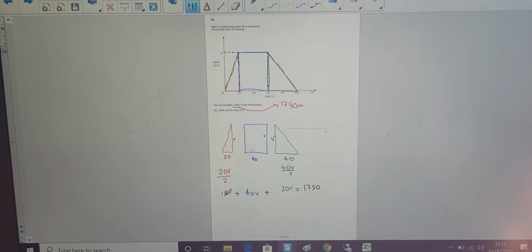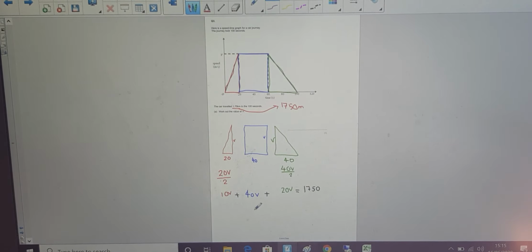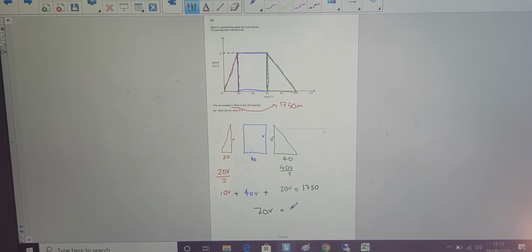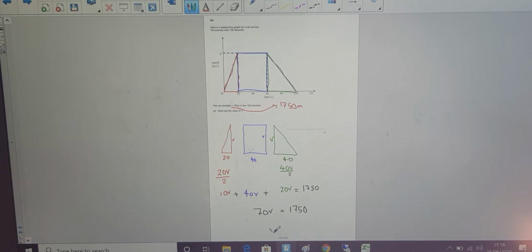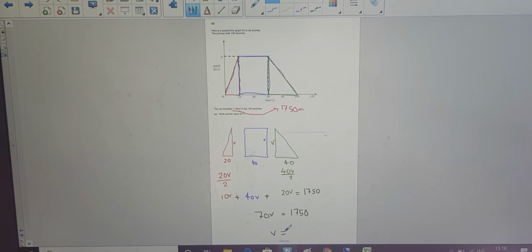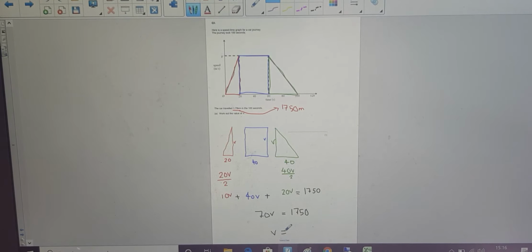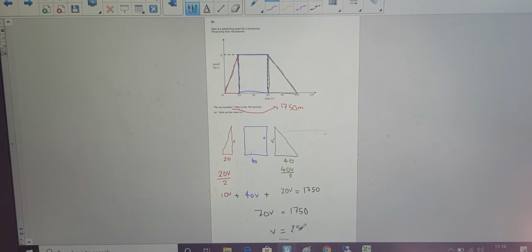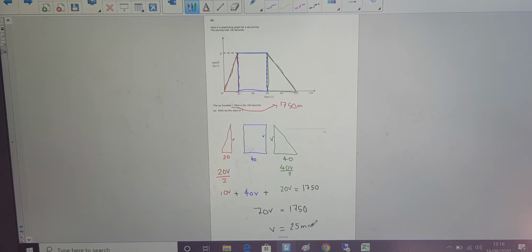Let's simplify. 10v add 40v add 20v is going to give me 70v, equal to 1750 meters. Divide both sides by 70 is going to give me v equals, calculator, 1750 divided by 70 will give me a final answer of 25 meters per second.